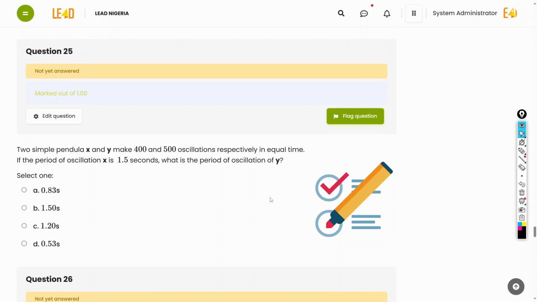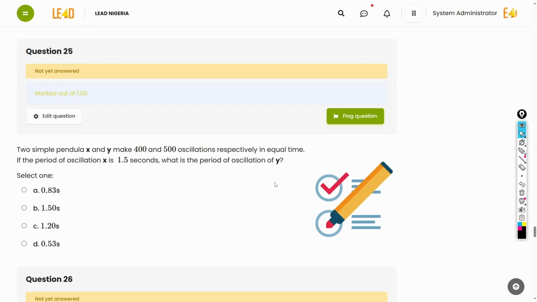Okay, 25 says two simple pendula X and Y make 400 and 500 oscillations respectively in equal time. If the period of oscillation of X is 1.5 seconds, what's the period of oscillation of Y? Okay, so equal time.